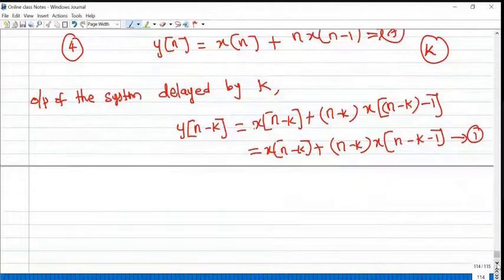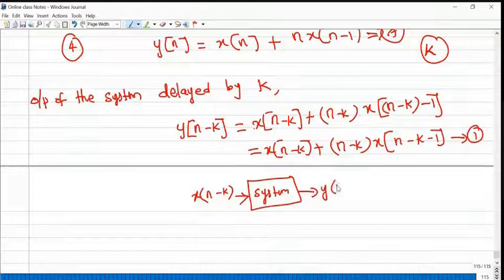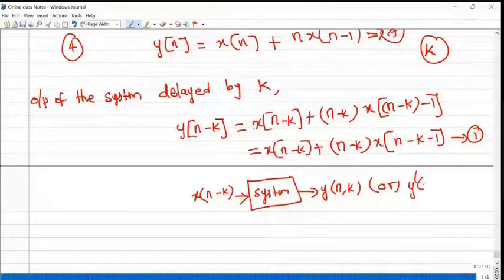Now, my system: my input itself is delayed by k amount of time, and now I am applying it to the system. Let's say the system output is y of n comma k, or y dash.